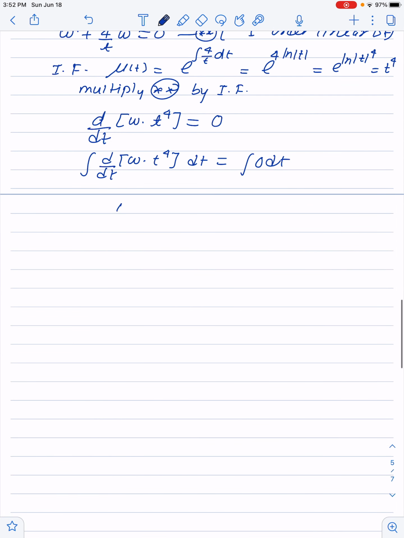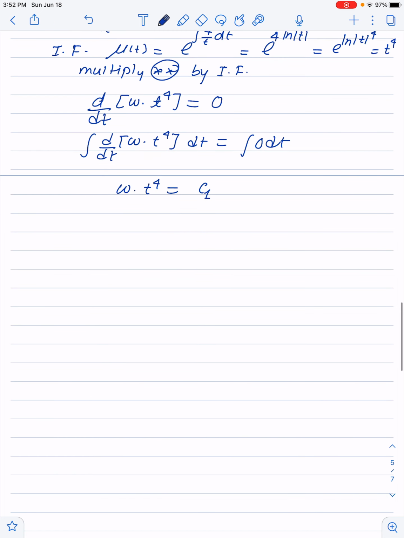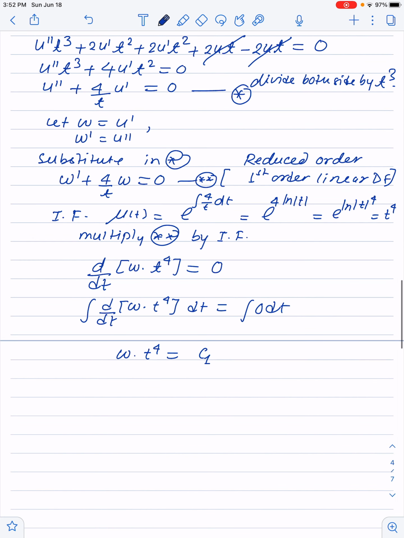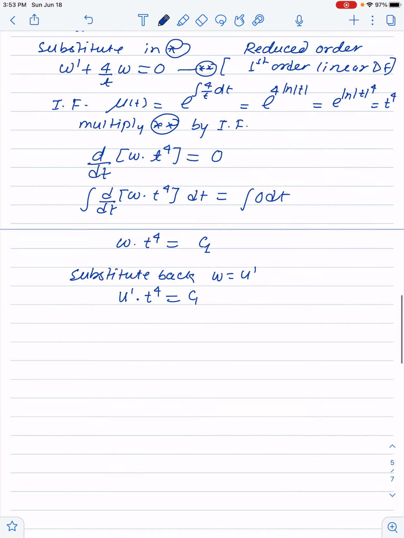On the left side it will be w times t to the 4 equals c1, the constant of integration. Let's substitute back the value of w, which is u prime. So u prime times t to the 4 equals c1.